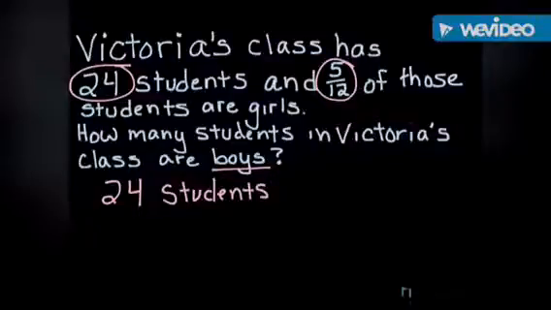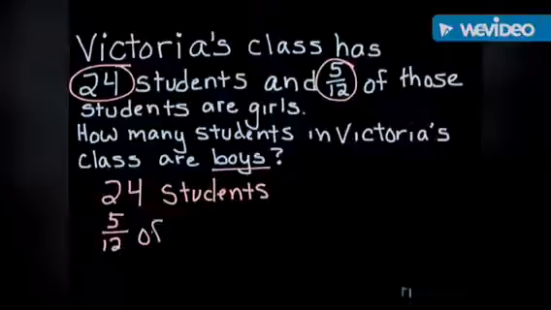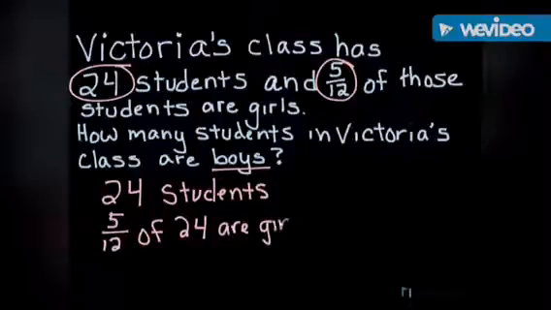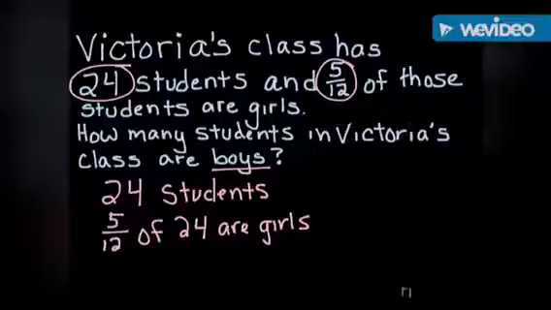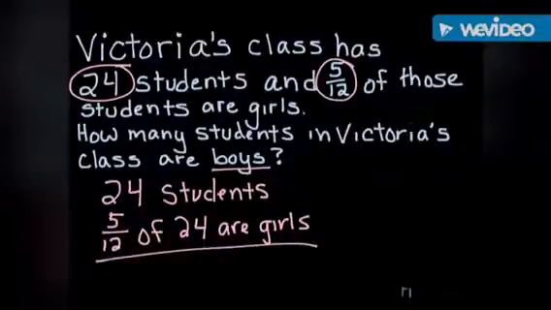We know 5/12 of those students, which there's 24, are girls. But the question is asking how many are boys? To figure this out, I first need to know how many are girls.